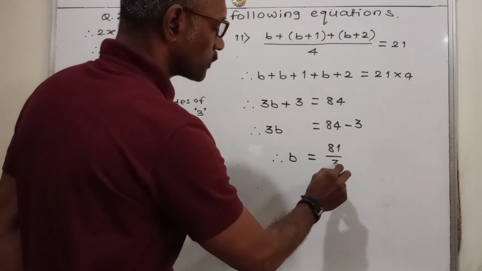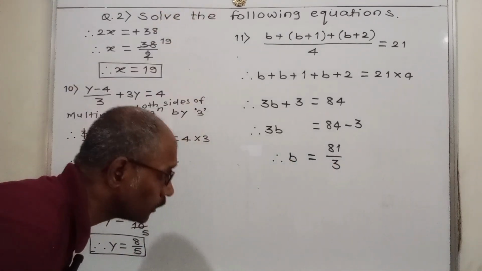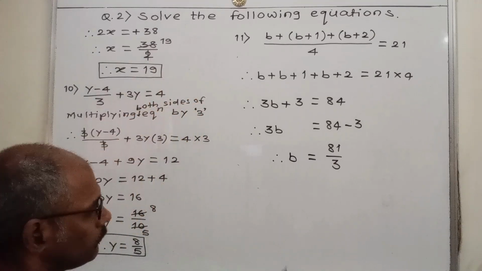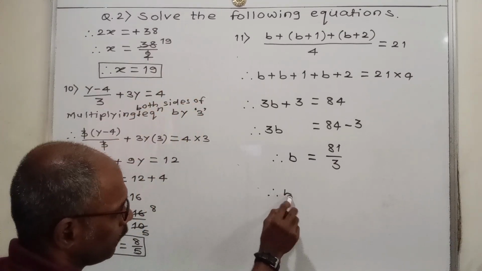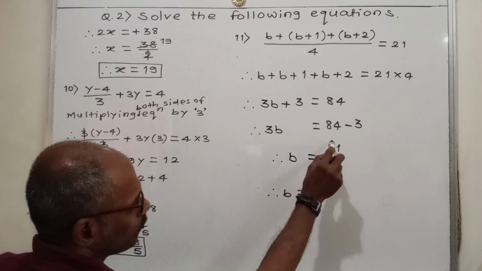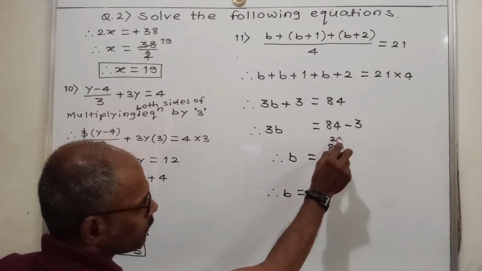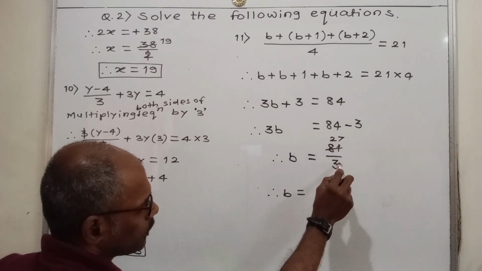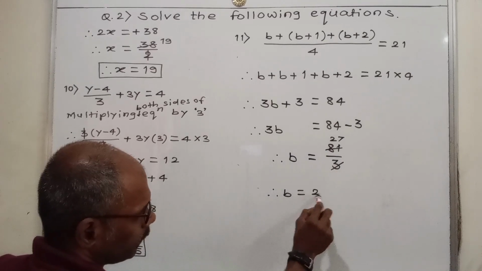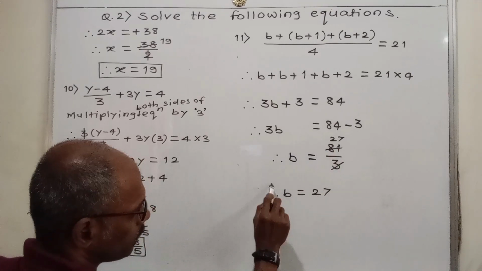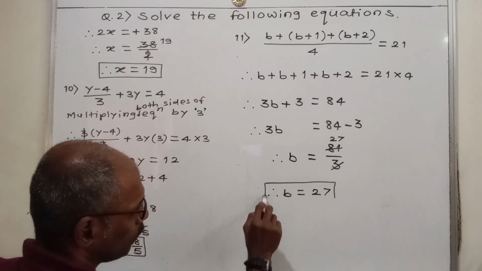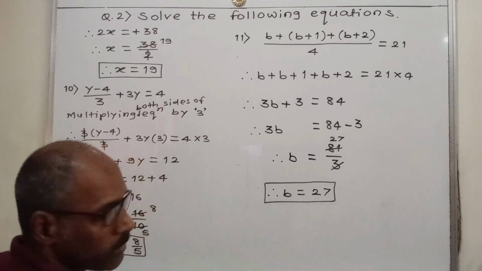Therefore 3 becomes the denominator. Did you get it? Therefore b is equal to 81 upon 3, 3 twos are 6, 3 sevens are 21. Therefore the answer is b is equal to 27.